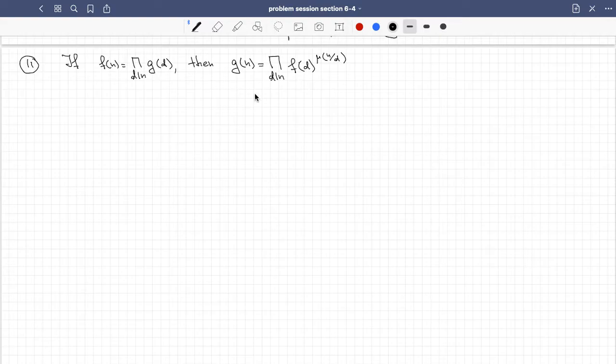This looks like Möbius inversion, and there is a hint to use logarithm.